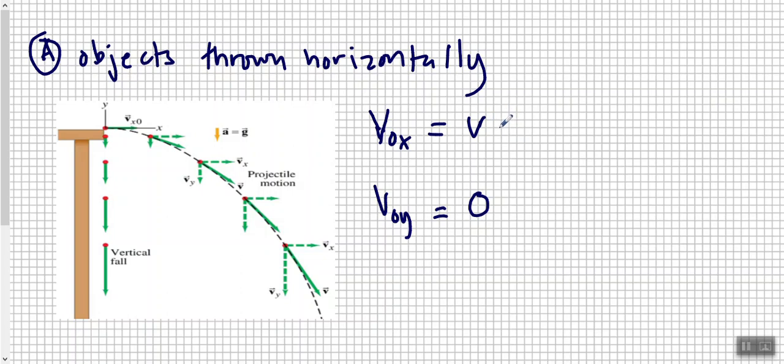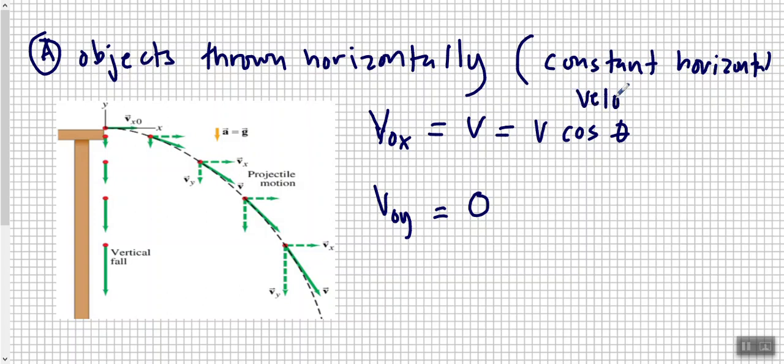The initial horizontal velocity is equal to v cosine theta. In this case also, we have to take note that the object is moving at a constant horizontal velocity, which means acceleration is 0.